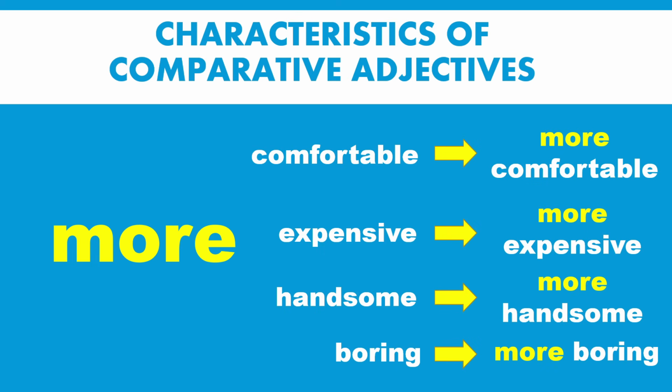For example, comfortable: if we put R at the back, comfortabler, does that sound right? If we put IER at the back, comfortablier, does that sound right to you? No, right? So the more suitable one would be using "more".